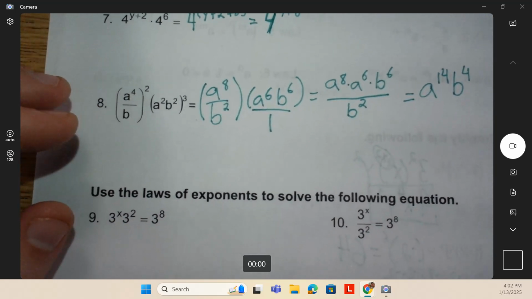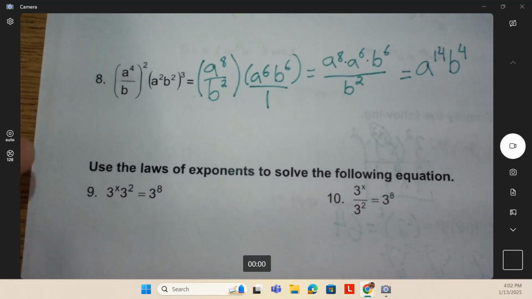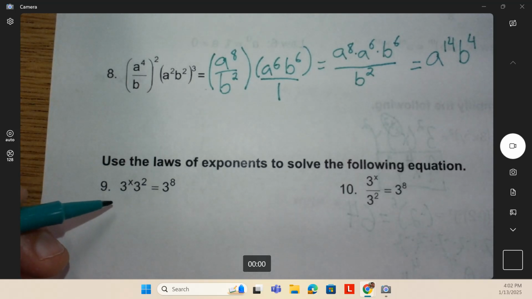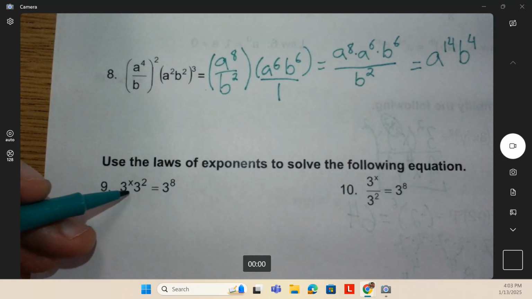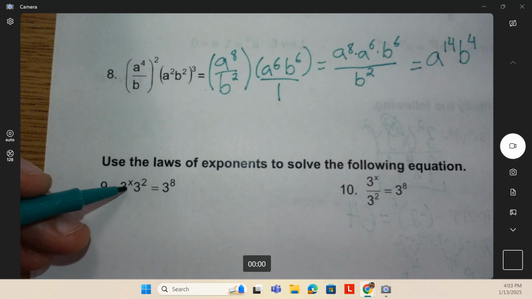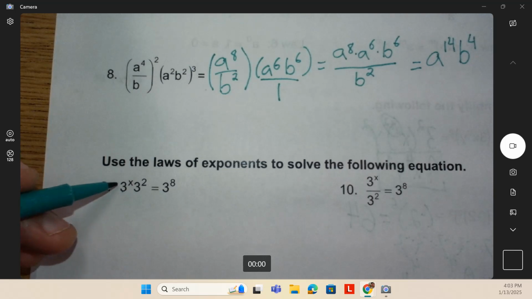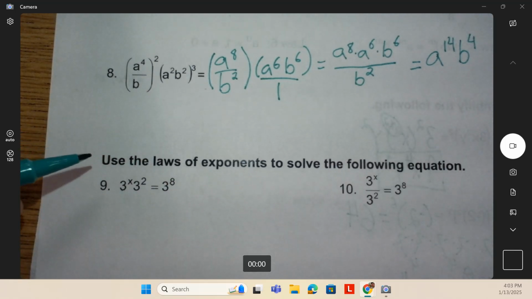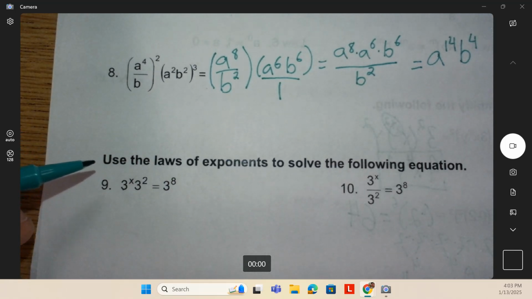And the last thing I do is I'm going to use those to solve for x. So when I have it like this, since all these are 3 to the x power times 3 squared equals 3 to the 8th, I just need to solve for x.